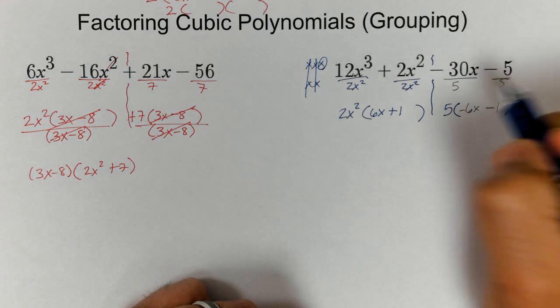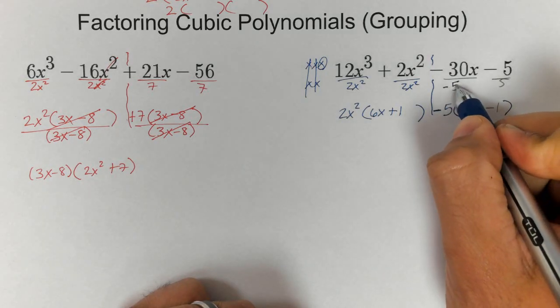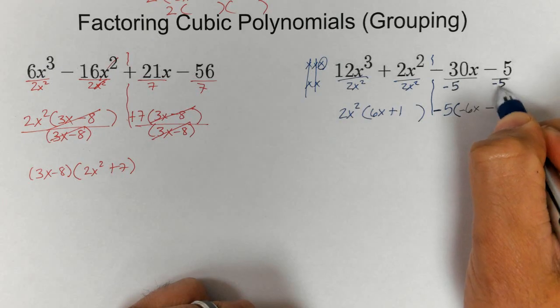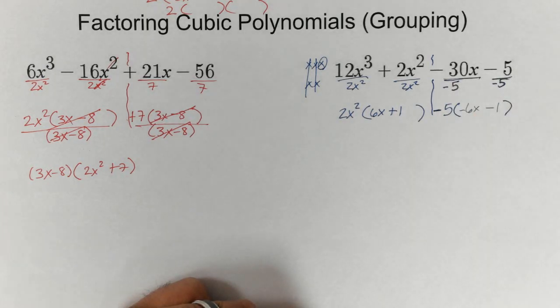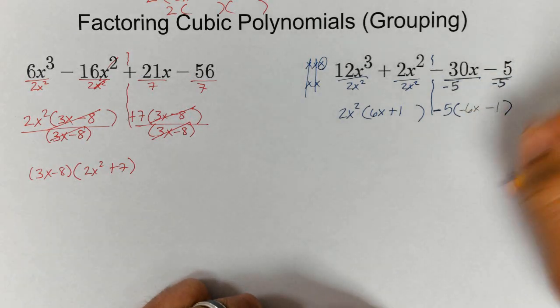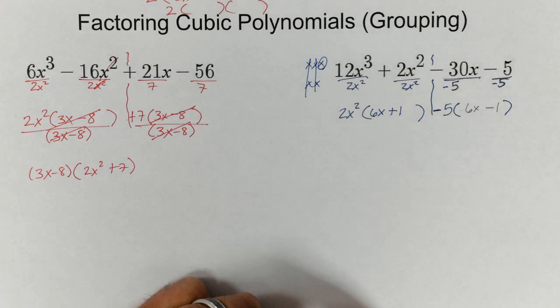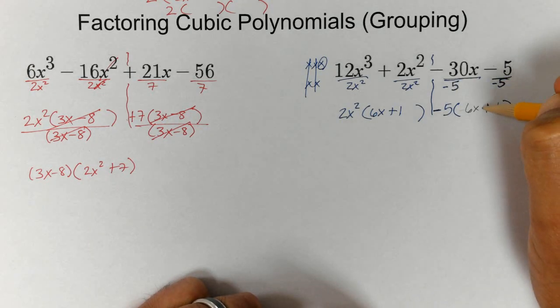Well, instead of just dividing by a 5, I'm going to divide it by a negative 5. And when I divide by a negative, negative divided by a negative turns this number into a positive. Right? And similarly, negative divided by a negative turns this into a positive.